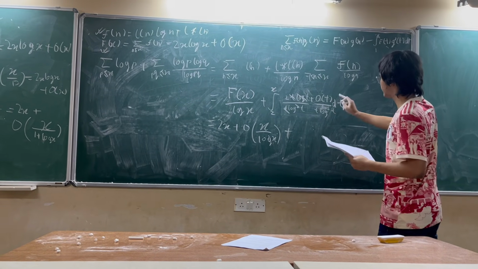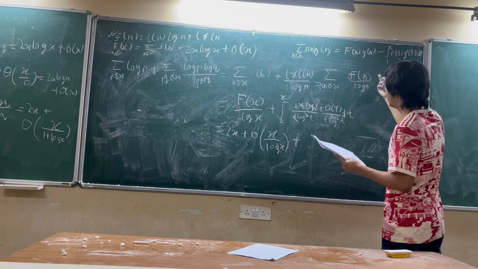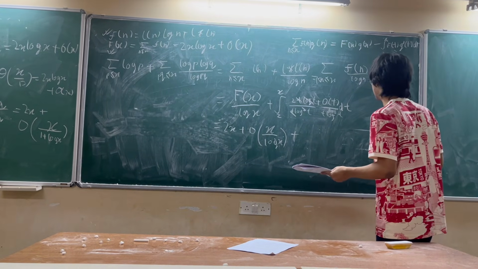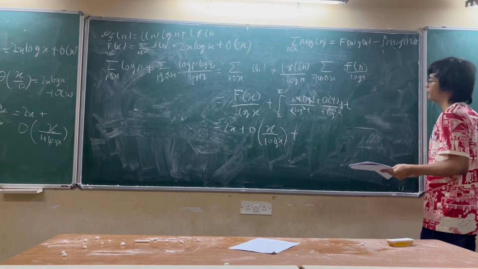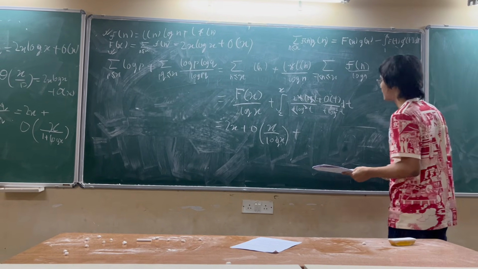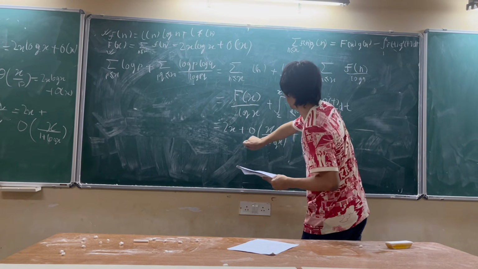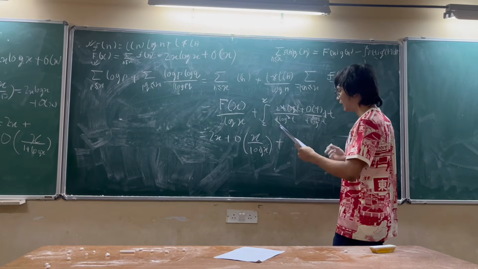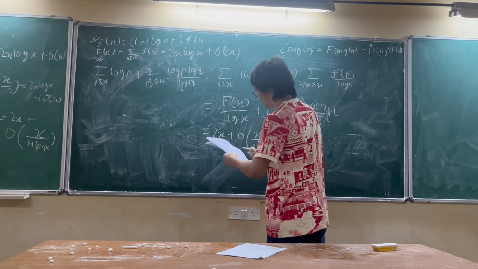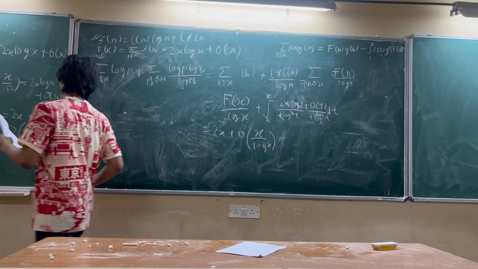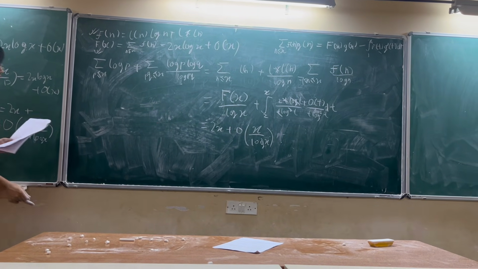The t and t cancel to give you something of the order of 1 divided by log square t, and then you integrate 1 by log square t, and again it gets assimilated into this particular order of x by log x term. So at the end what you're left with is just this. Now this is not exactly what we wanted. We wanted this x by 1 plus log x.